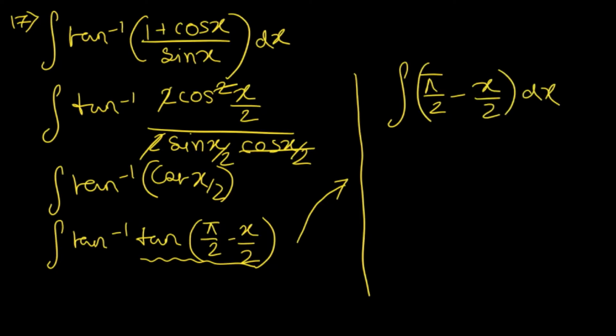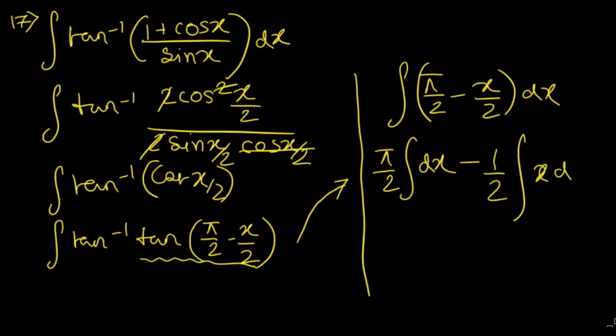So pi by 2 is a constant term, and the constant term comes out, and we are left with the integration of dx only, and minus x by 2, which means x into 1 by 2. So 1 by 2 is a constant term and comes out, integration of x dx.